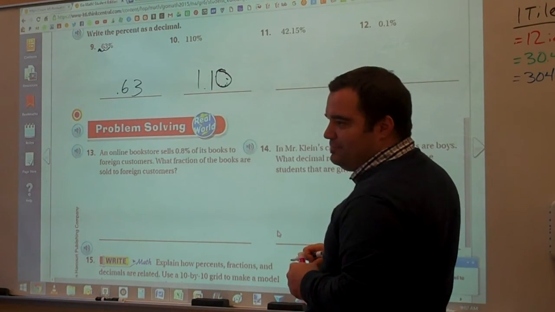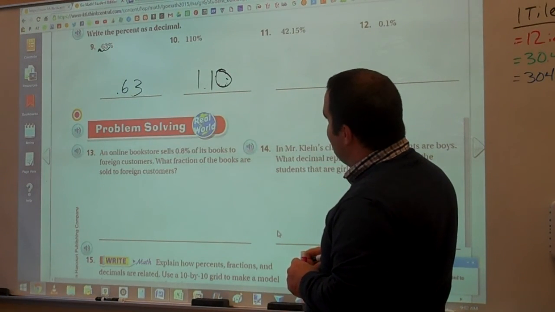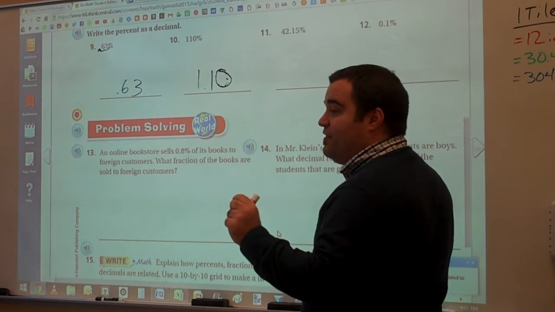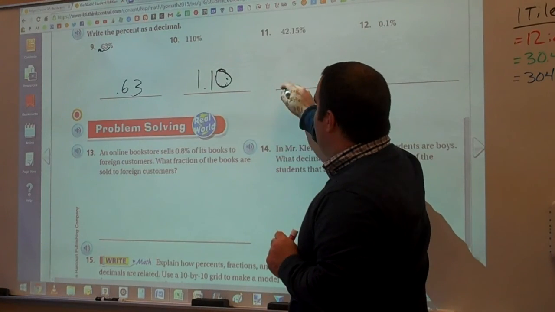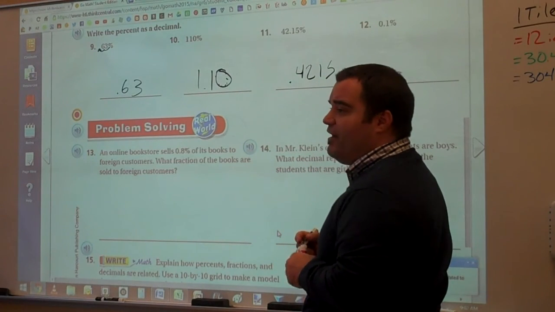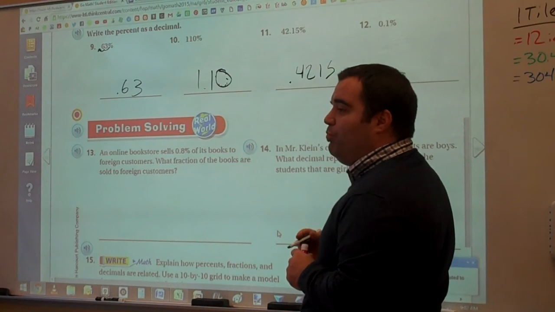42.15%, Cameron. 0.42. Now, here's where you absolutely must include the things after the decimal point. Why? They're not 0. He's correct. 0.4215. 0.1%.